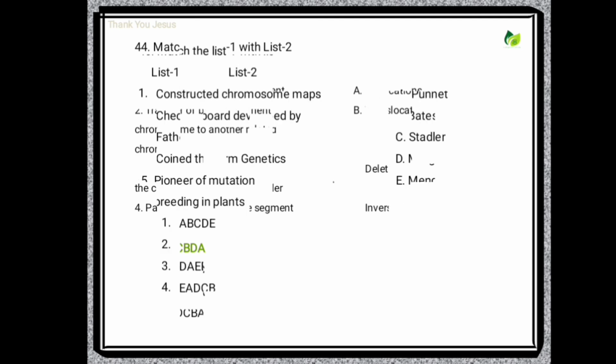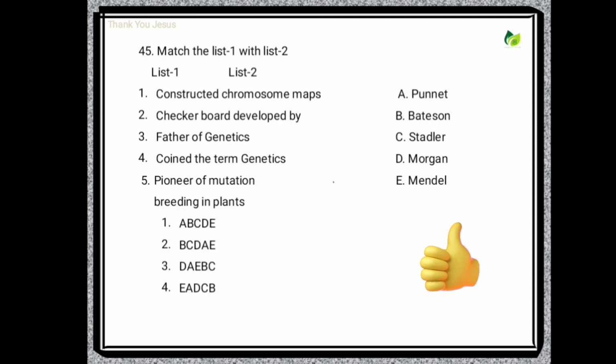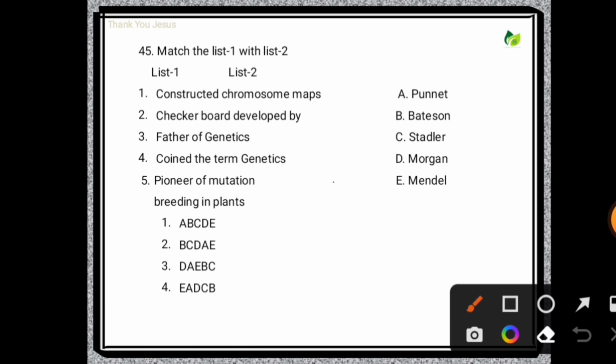Okay, let's see the next question. Here also we have to match list 1 with list 2. Chromosome maps were constructed by Morgan. The checkerboard was developed by Punnett. Mendel is referred to as the father of genetics.